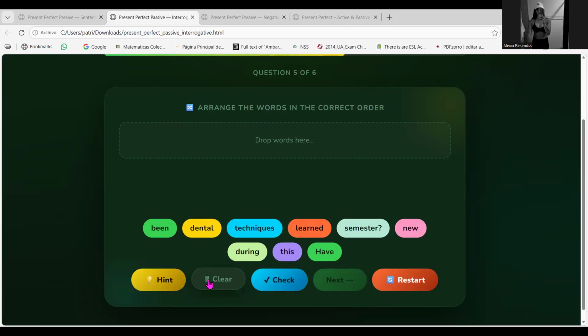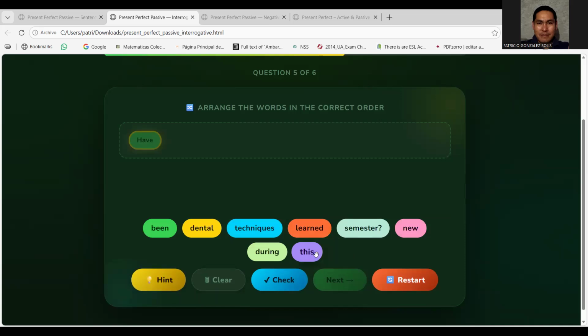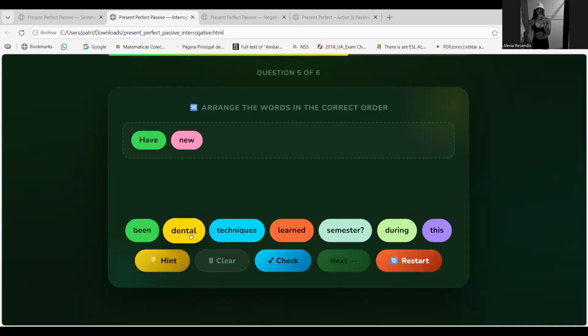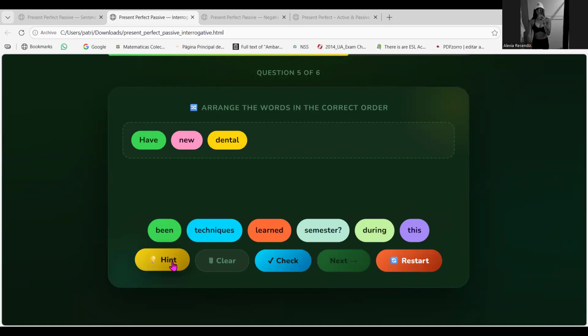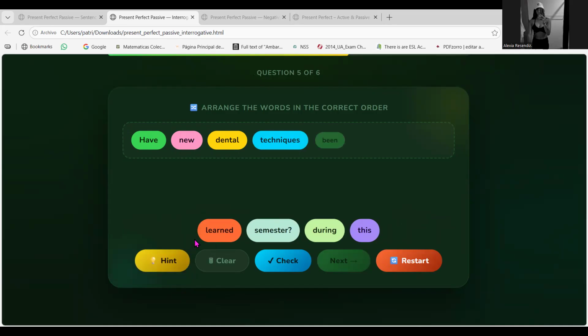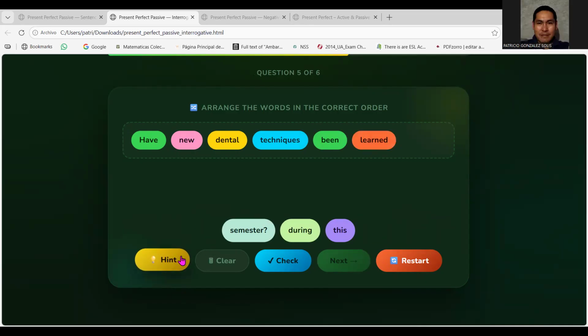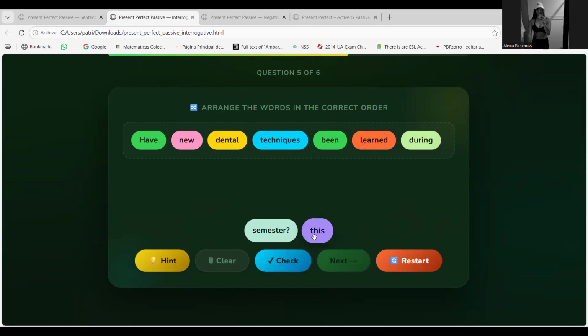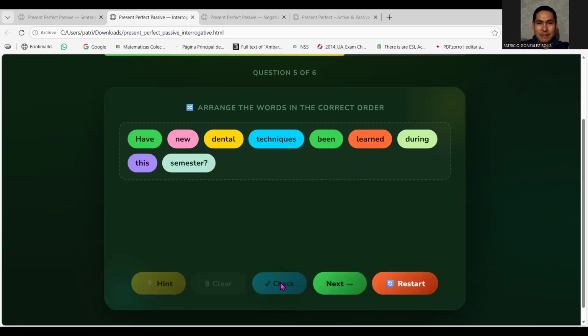My dear Alexia, it is yes, no. Have new dental techniques been learned during this semester? Yay, my dear Alexia. Thanks.